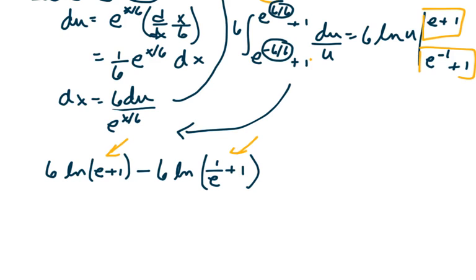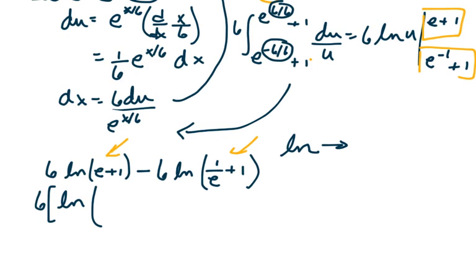So now what I'm going to do is a little bit of log algebra. I'm going to do some combining. So I'm going to keep that 6 outside for a minute, and combine these terms. If you recall, with log functions, you can write them as single expressions.